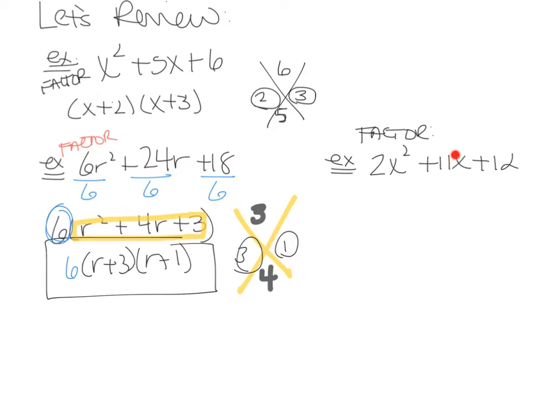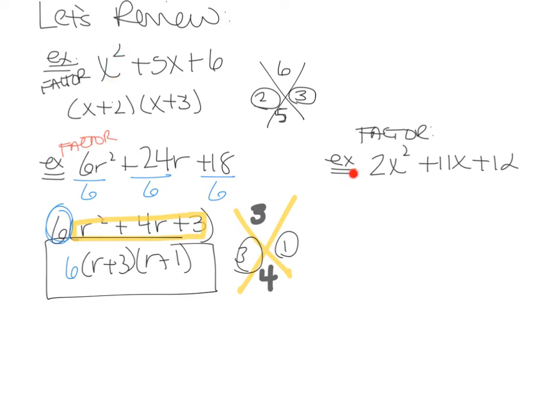Notice, how does this problem look different from this problem? Well, notice this X method has only worked when your leading coefficient, that number in front of your variable squared, is 1.